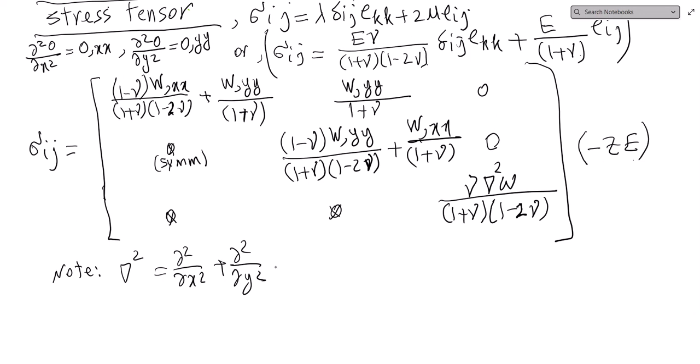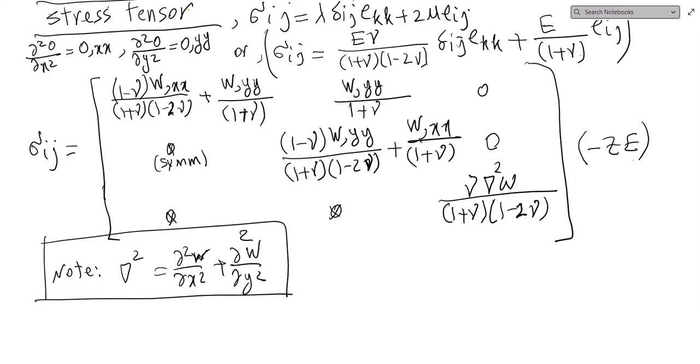So it is basically not z, because z is, I mean, it is 0 because w is not a function of z. Okay, so that's good enough here. W. So note that.